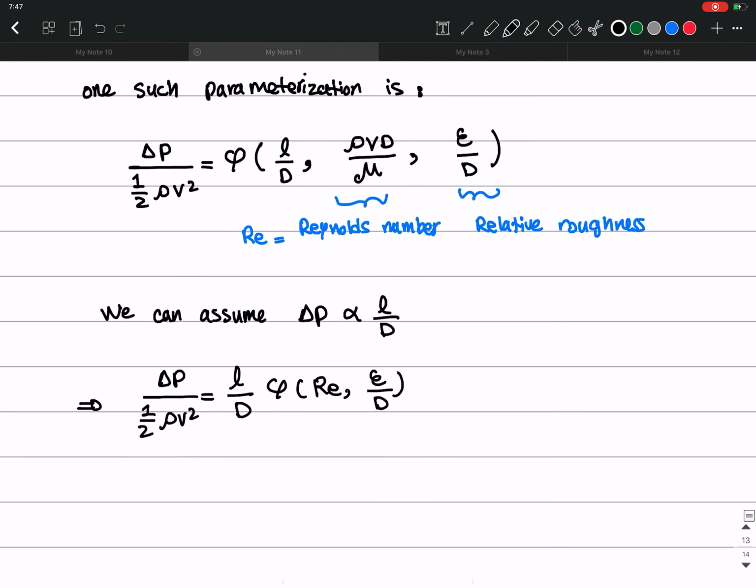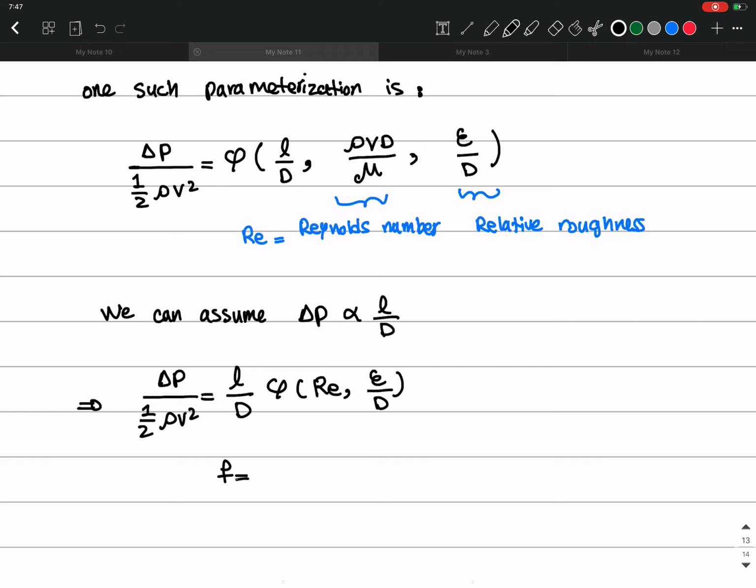Very interesting. This means that the pressure drop in a turbulent flow is going to depend on L over D, the length over the diameter, and a function, which we don't know, of Reynolds number and relative roughness of the pipe. So here I want to make some names.